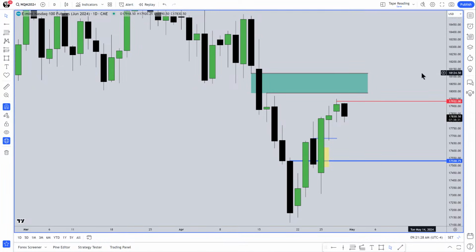Okay. So as a reminder as to what I'm interested in, I want to see either today or by tomorrow, Nasdaq get up into its sell side imbalance, buy side inefficiency. If you recall, I wanted to see it trade up to the low, the lower quadrant, and consequent encroachment.